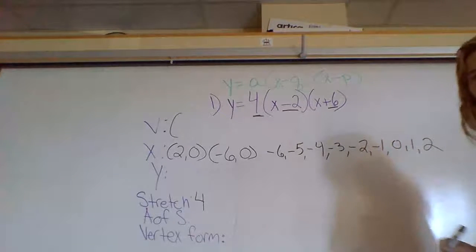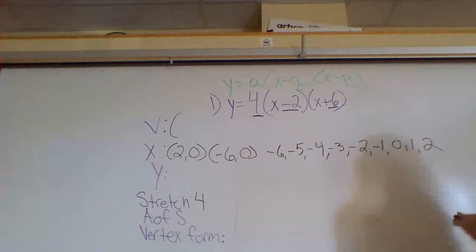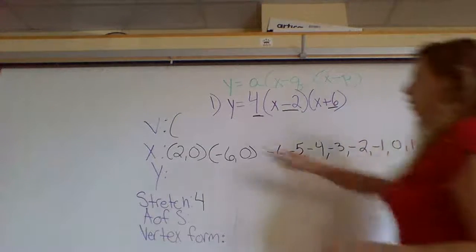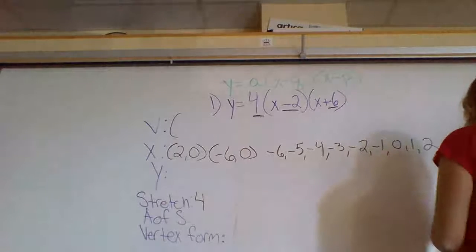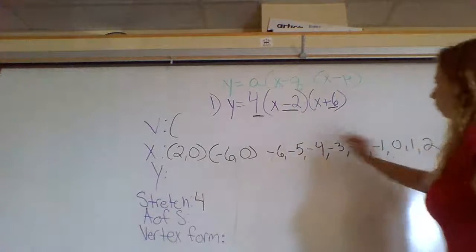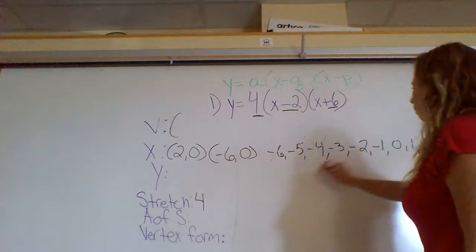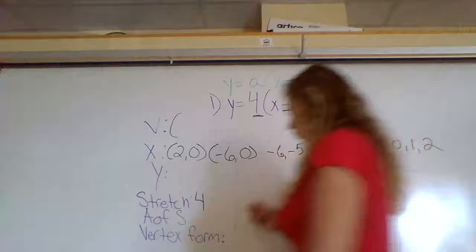So I wrote them all out, and whichever one is in the middle is the x-coordinate of your vertex. -2.